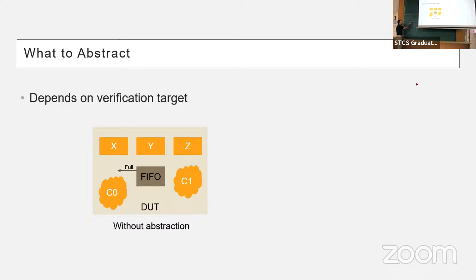Now let's say we want to verify the control logic. For the time being, we are not interested in the engine; let's say this is something given to us. In that case, we can add this counter abstraction, because we are just giving this input, waiting for 10, 12 or 14 cycles, and then the design responds. So the design waits for these many cycles, and we can add the counter abstraction here.